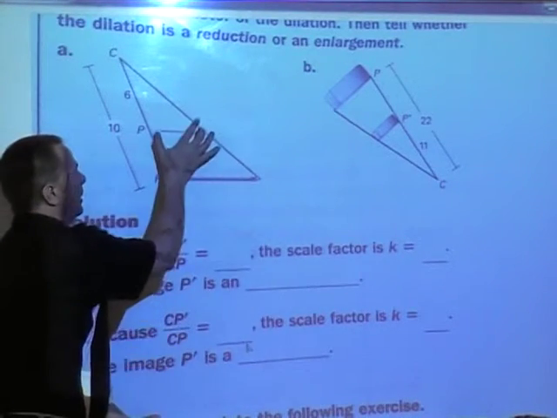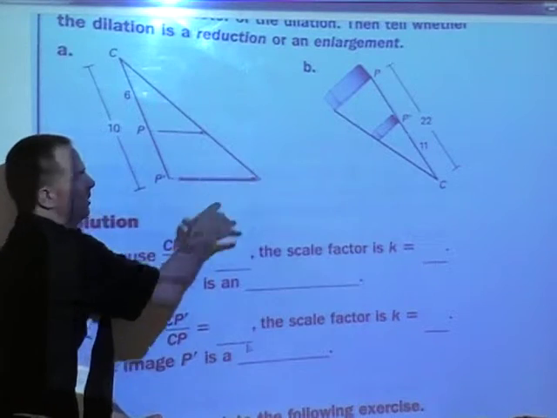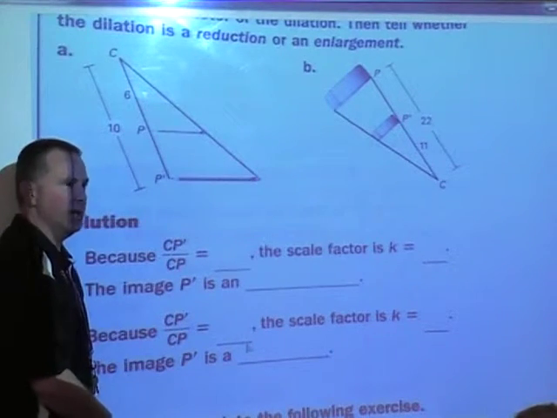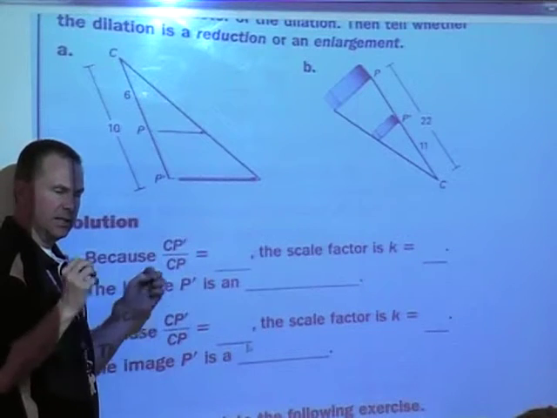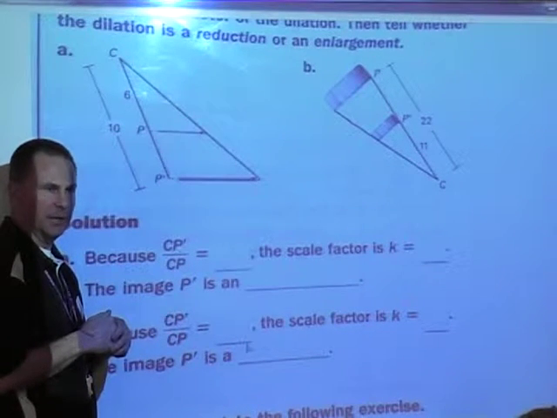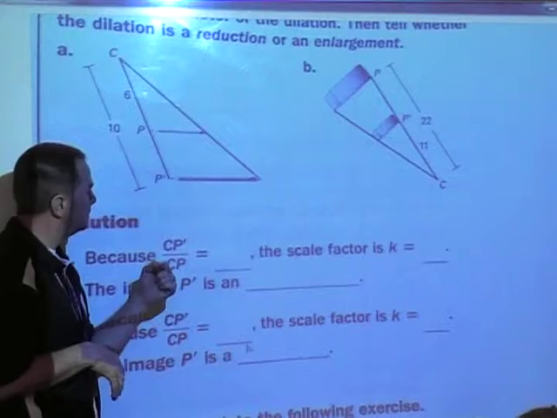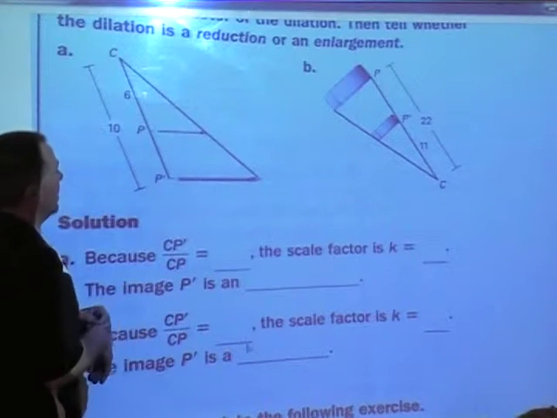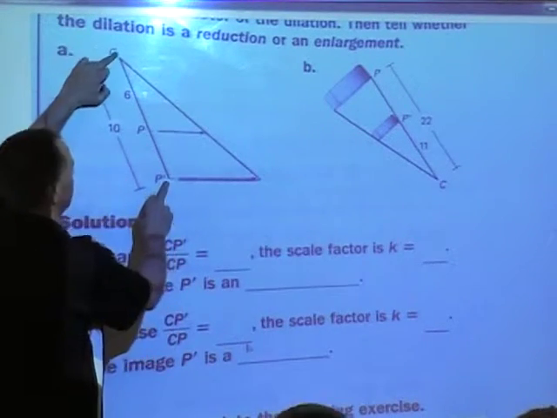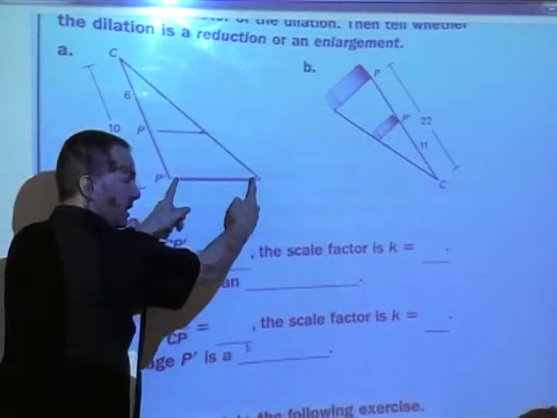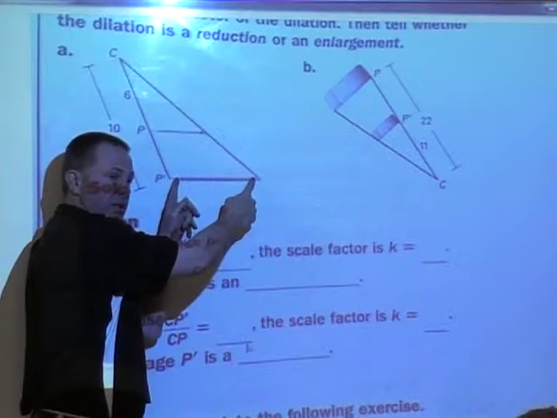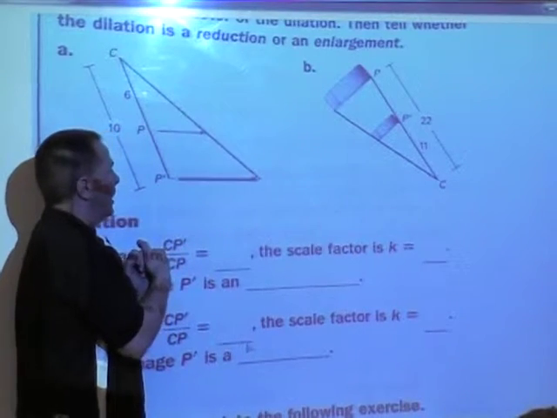So if we're going from the pre-image to the image, what you do to figure out how they got that, it's a scale factor that they're multiplying everything by. How you figure that out is actually take the prime image lengths from a certain point, or the length of the actual image itself, and you divide.